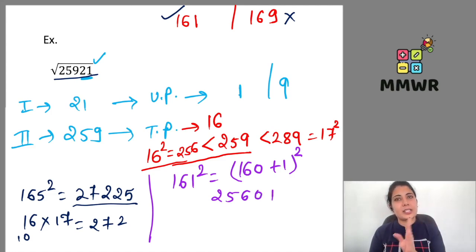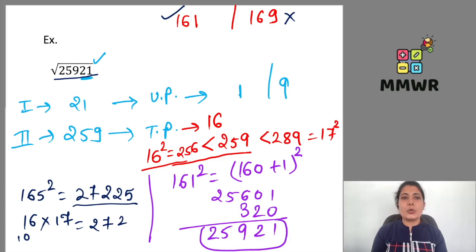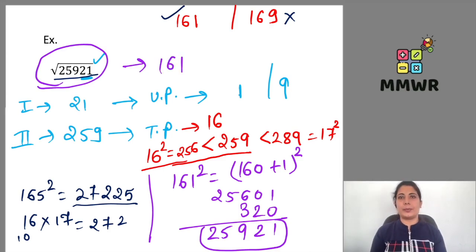So 25600 plus 1 gives me 25601. Now 2 multiplied by 160 multiplied by 1 gives me 320. So let's quickly add it. This gives us 25921, which is the given number. So the square root of 25,921 is 161.